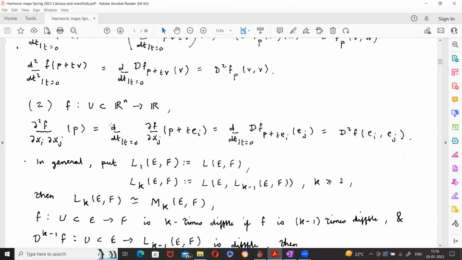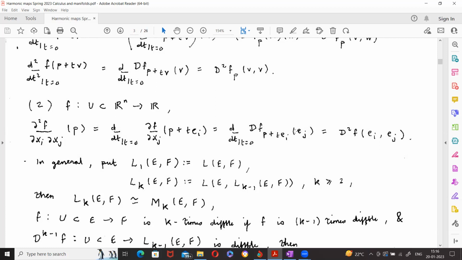That is by definition d/dt at t equal to 0 of del f del xj at the point p plus t ei, right? Now this term inside, del f del xj of p plus t ei, is by definition equal to df at the point p plus t ei applied to the vector ej. Remember the partial derivatives were nothing but the derivative applied to the basis vectors ej.